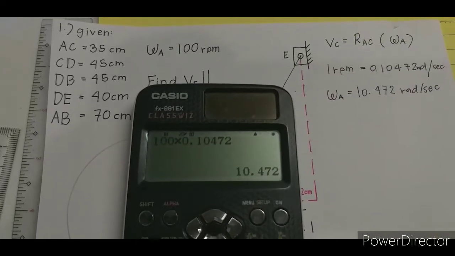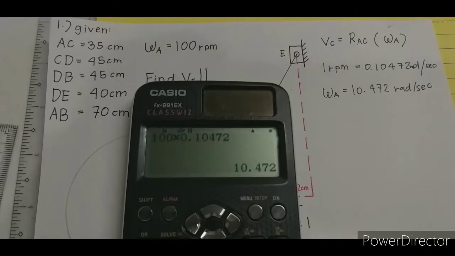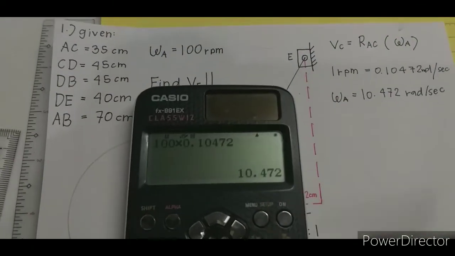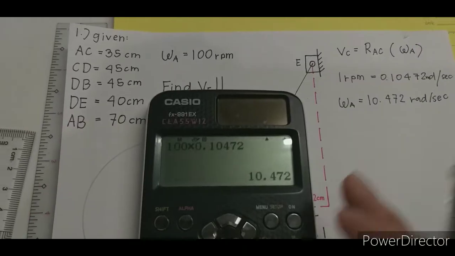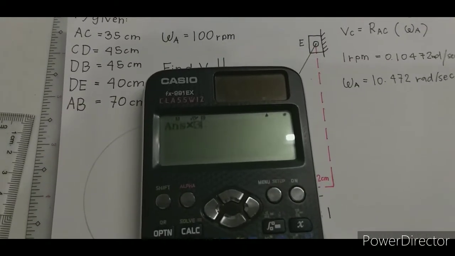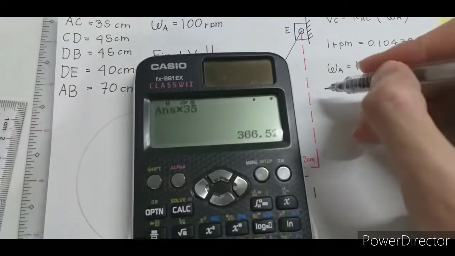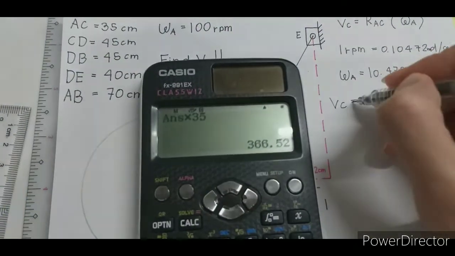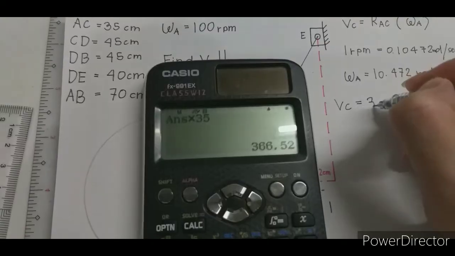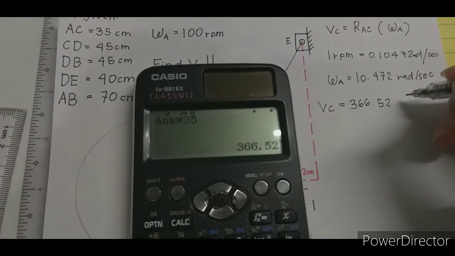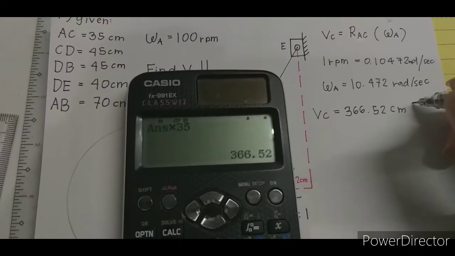Okay, so solving for the velocity at C, we're going to multiply this by the measurement from A to C, the measurement of our crank. So let us multiply that. And this would be the velocity at C, in centimeters per second.